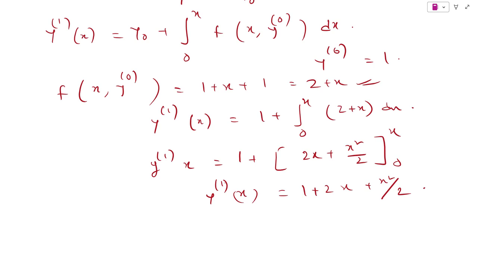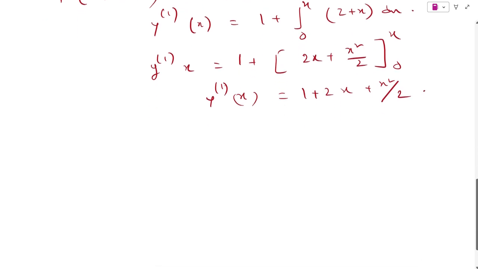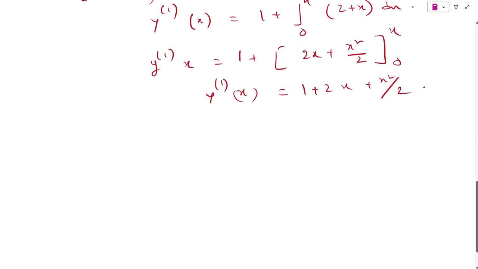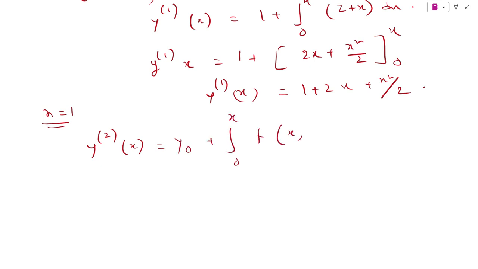Perfect. This is our first approximation, but the question asks for the second iterate, right? So let's keep moving. To find the second iterate, we set n = 1 in our recurrence relation. Let's carefully compute the updated integrand by replacing y with our freshly found expression for iterate 1.